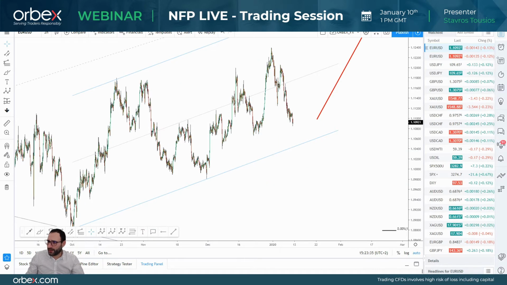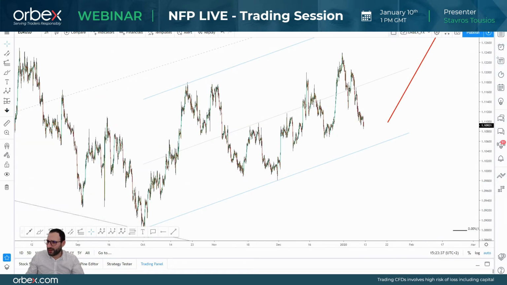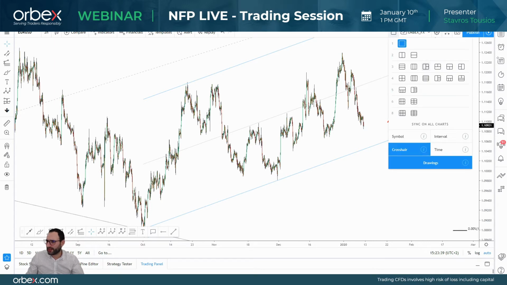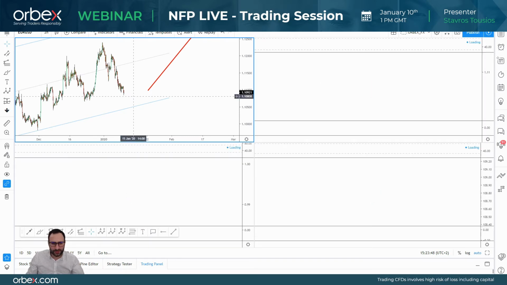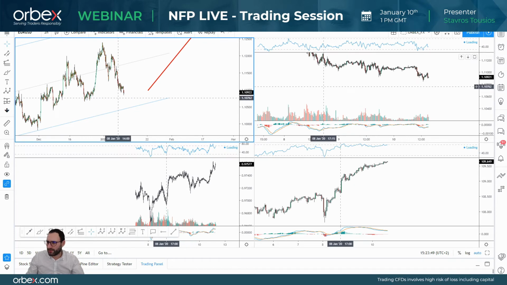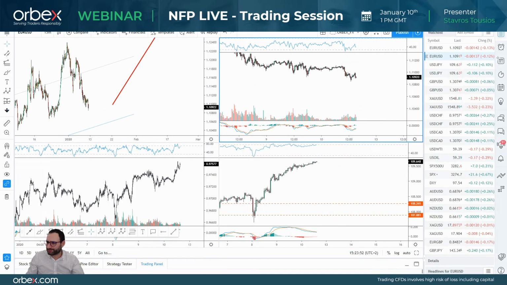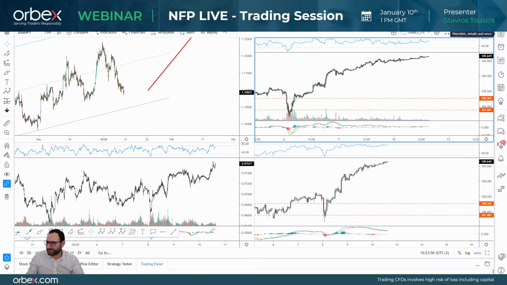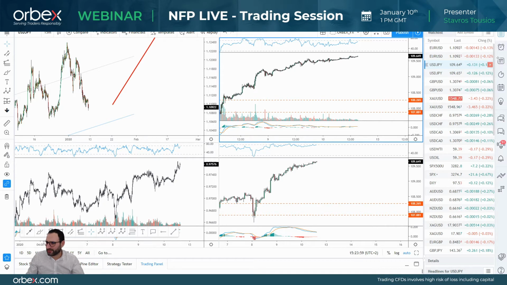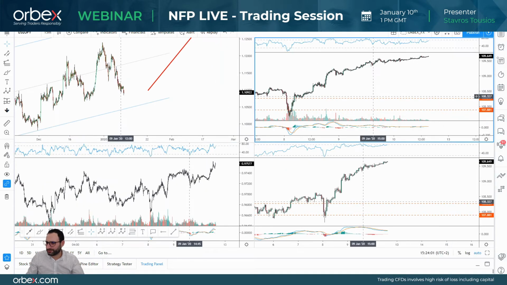Now, I want to increase my layout here. I want to do a 4 layout chart and have the euro dollar. I want to have the dollar yen. Okay.